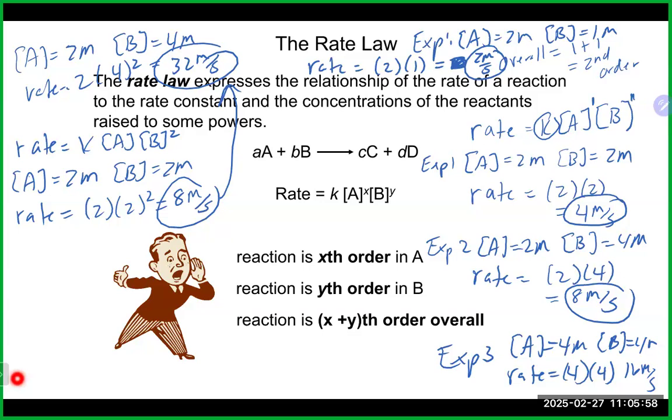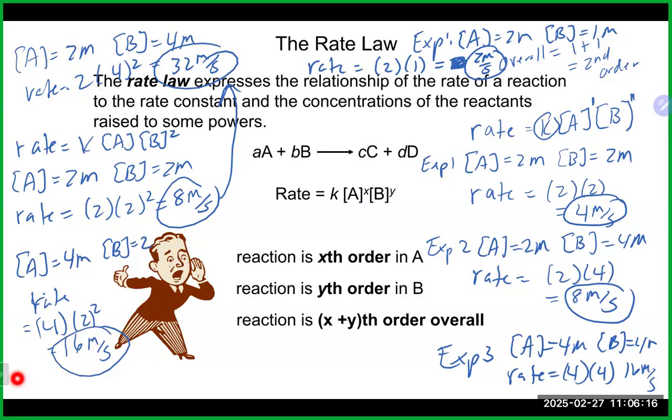And you can see as well, if we doubled A but kept B constant, we would end up with our rate equal to 4 times 2 squared. That's 4 and 4, that's only 16 molar per second, right? So maybe I do want to increase the reaction rate, but not so much, right?